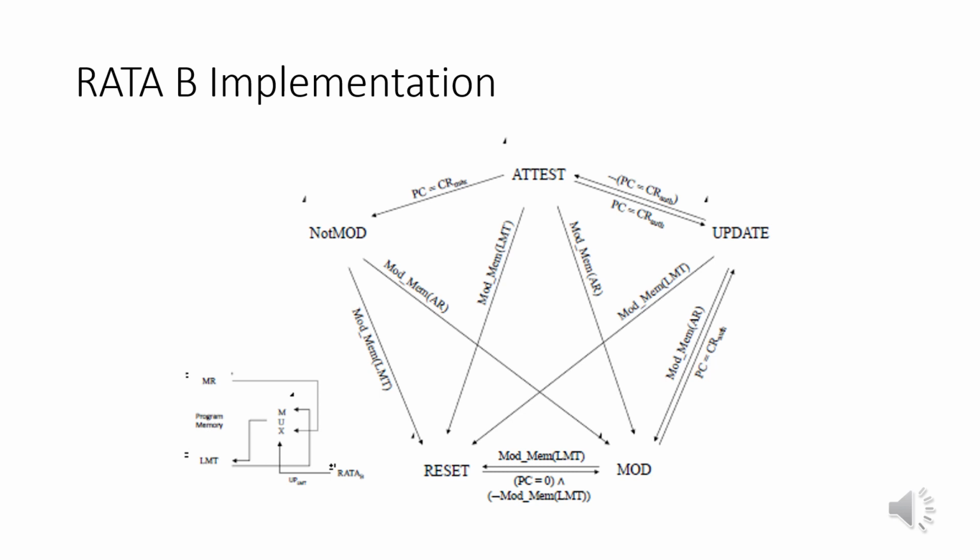Then the state machine transitions to state update, causing Up LMT to be set during the transition. Hence, the last modified time is overwritten with the challenge passed as a parameter to the current attest call. Note that the update to the last modified time happens before the computation of the integrity ensuring function HMAC over the attested region, which happens in the state attest.